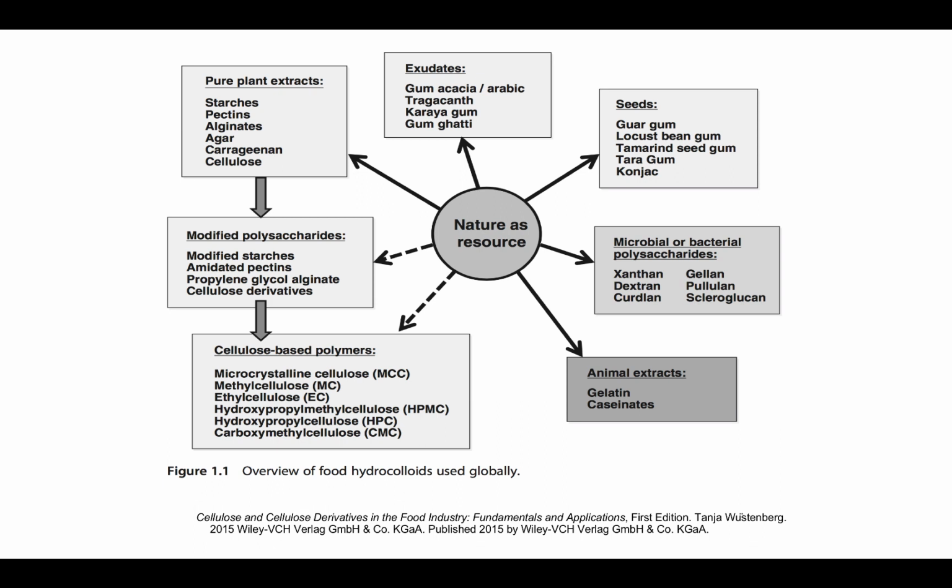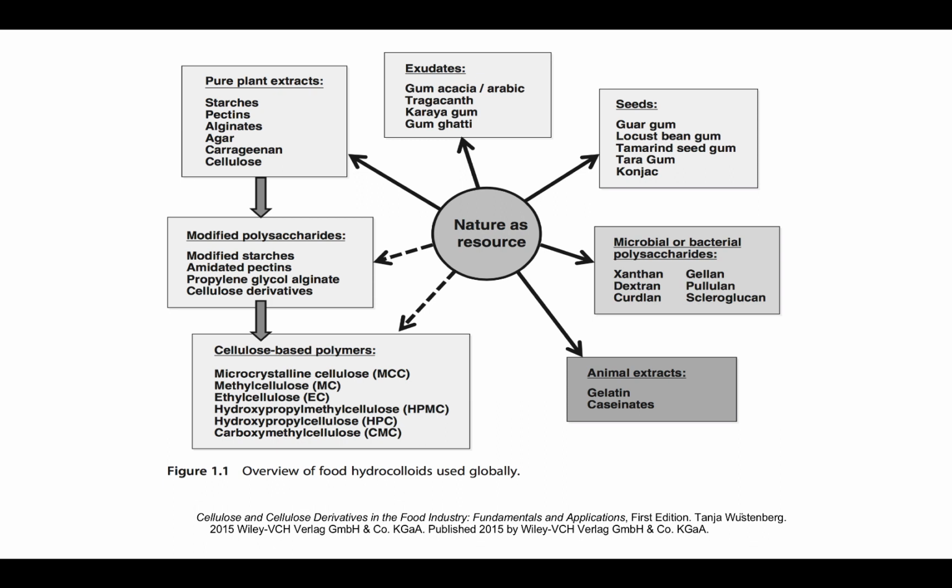This is another way of looking at the carbohydrate family tree, and the idea that we have many different sources for the hydrocolloids that we use, and some of them are exudates. You would take a tree and score it, and that would be sap or something that would come out. You can get this from seeds. You can get this from microbes.